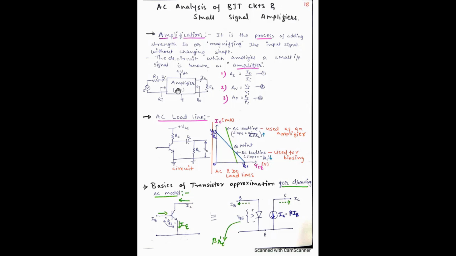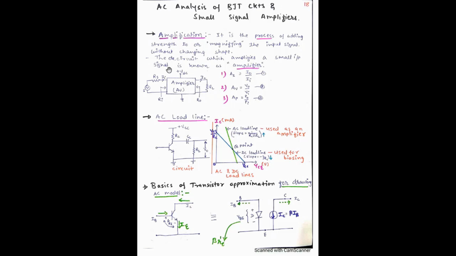Now actually we will have to design one amplifier circuit in this block amplifier. It will have internal resistances, one input resistance Ri and another output resistance denoted by Ro.